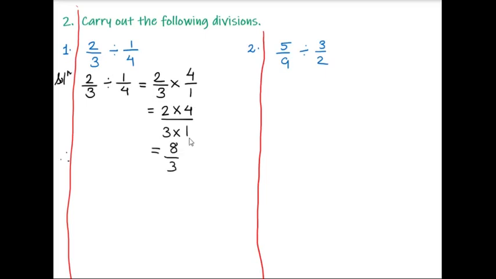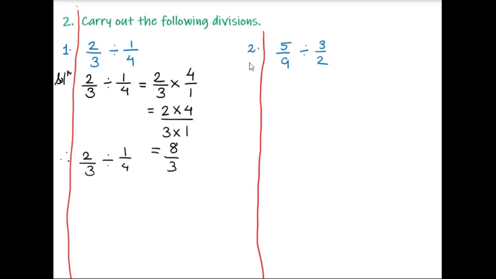Therefore, 2 upon 3 divided by 1 upon 4 is equal to 8 upon 3. Did you understand how to do the division? Same way how I have written, same way you are going to solve. So, solve neatly in your CW.